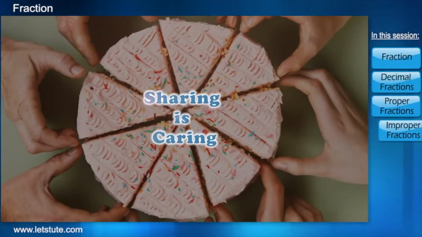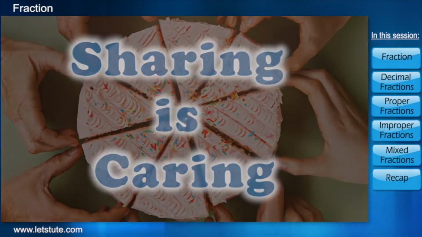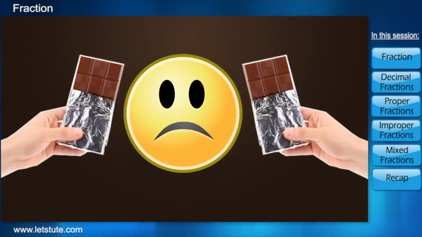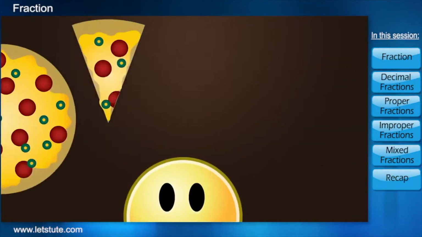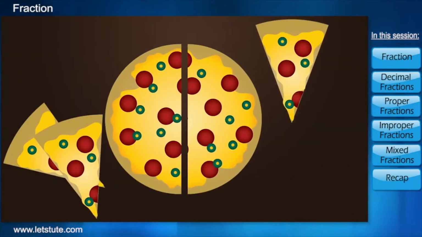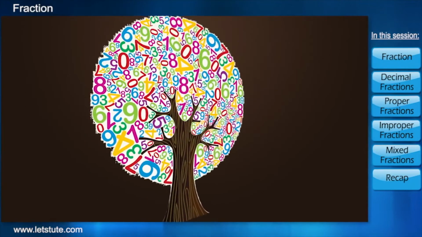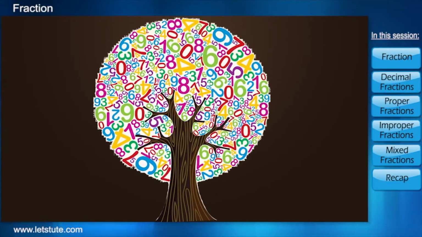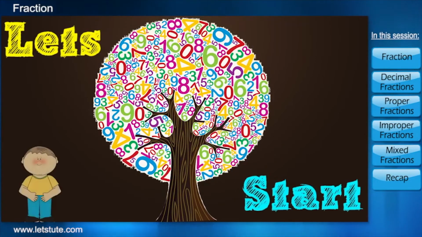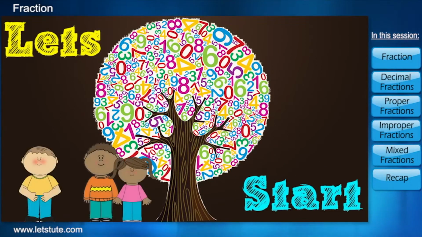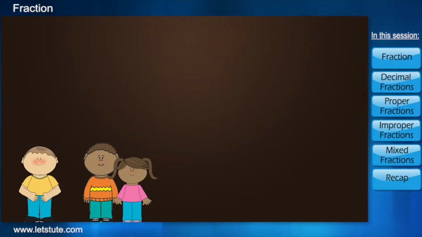Sharing is caring. But when it comes to chocolate, no one likes to share them, isn't it? When you share something or divide something, there is a lot of mathematics behind it. So, without wasting any time, let's start this session with you and some of your friends. You and your two friends went to Ben's house.